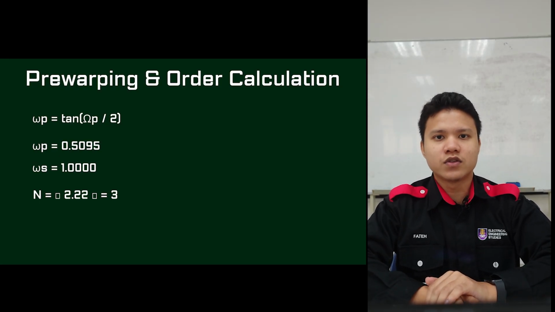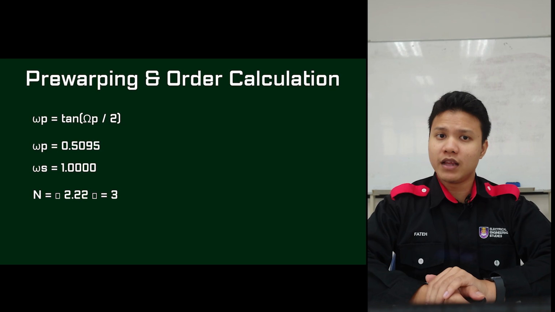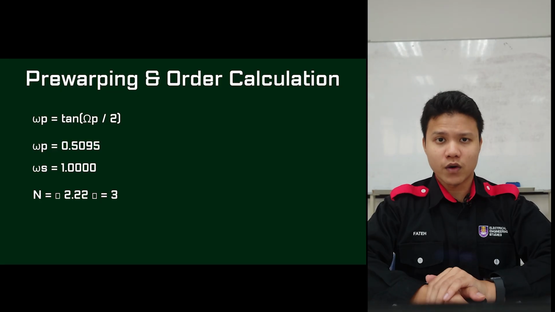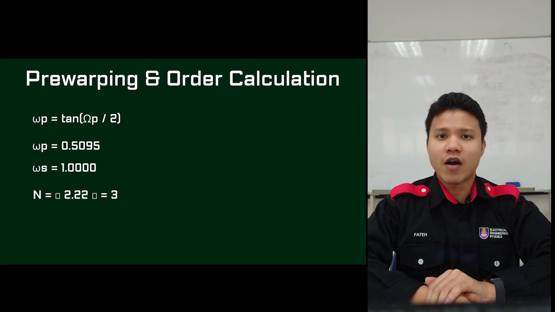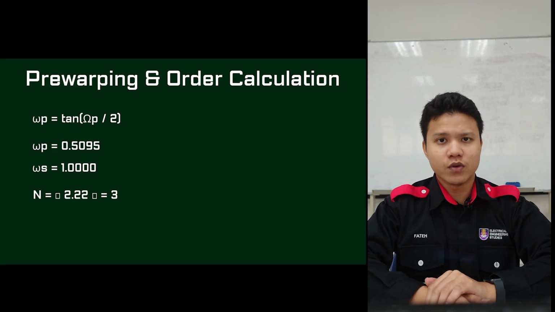Using these values to calculate our selectivity factor K and discrimination factor D, the mathematical formula for our filter order yields approximately 2.22. Since filter orders must be integers, we round up, establishing a third order filter, N equals 3.